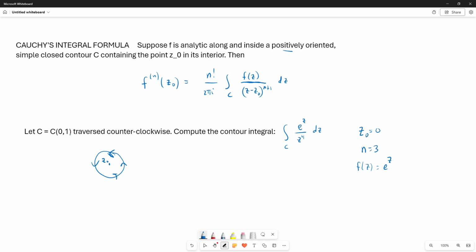So in our case, we have a positively oriented, because counterclockwise is positive orientation, unit circle, so it's a simple closed contour. And the unit circle contains the point 0 as its center point, so in its interior.